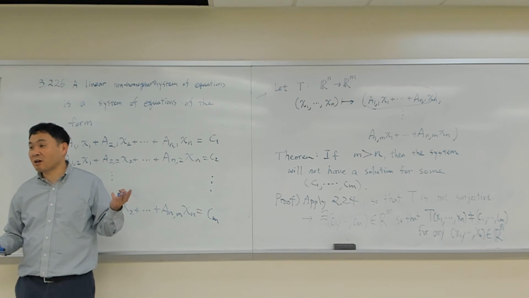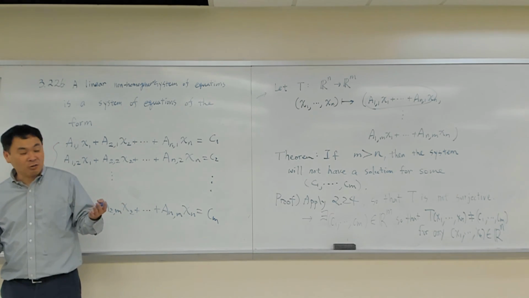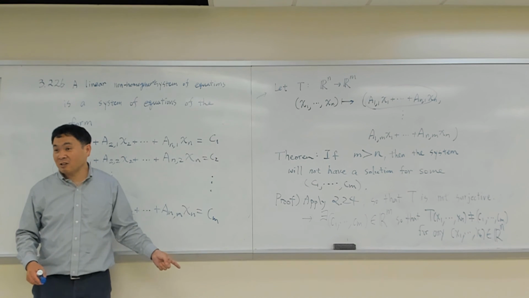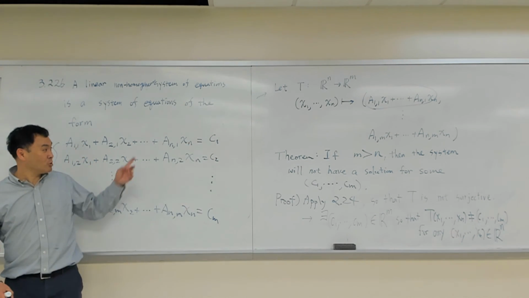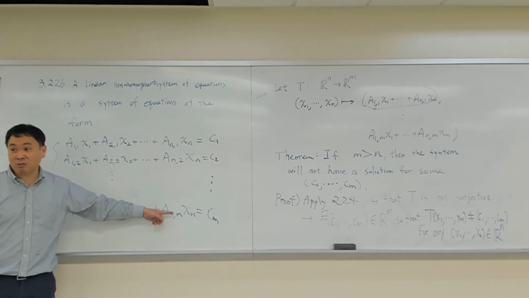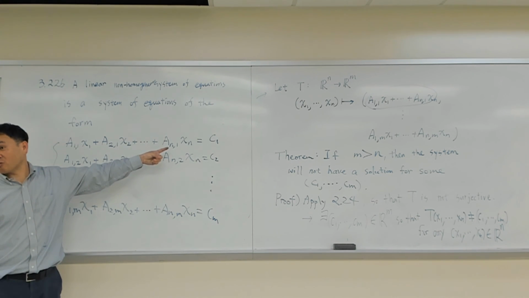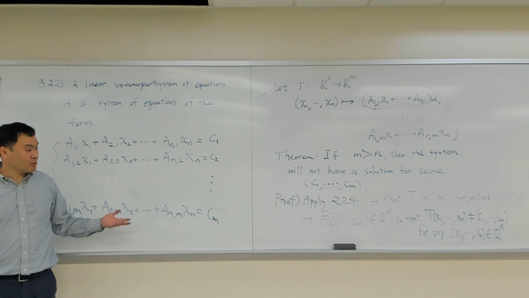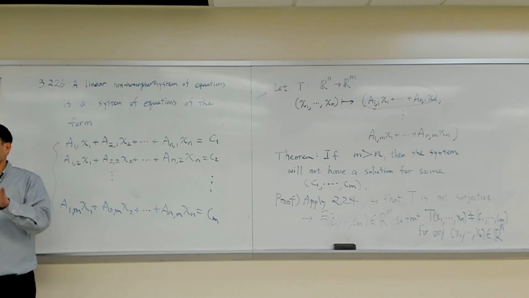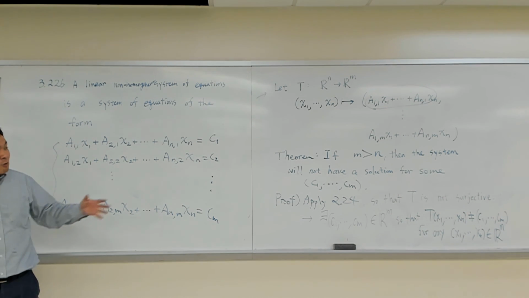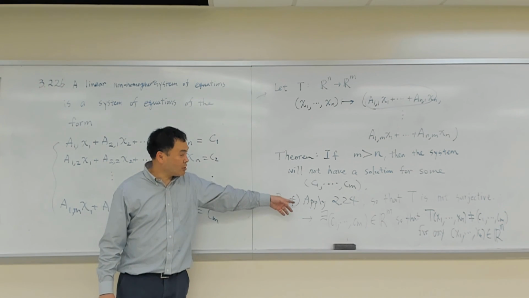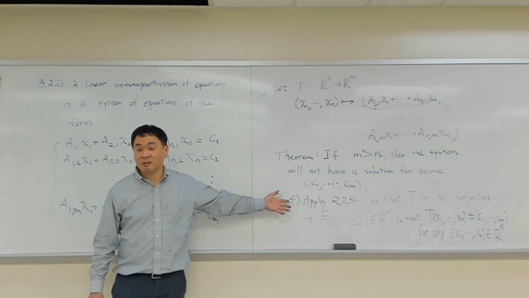In that case, you might still have a solution. But if you're free to choose the constants, you can make these so that there is no linear relationship between them. And if you have more equations than variables, there's no way to make every one of these hold, right? That's something that you've known since your algebra days, but to prove it rigorously, you needed the fundamental theorem of linear maps. Okay, so that's what we learned.